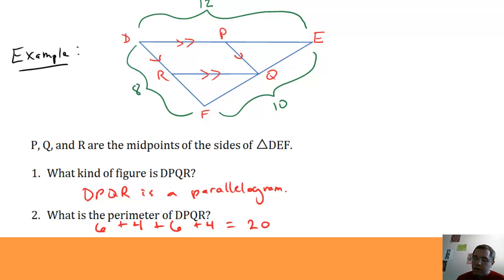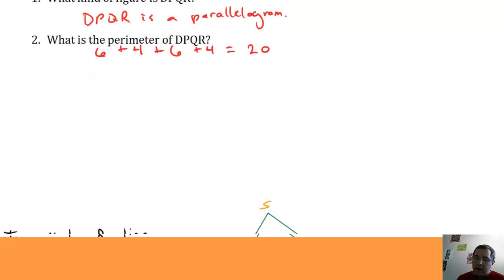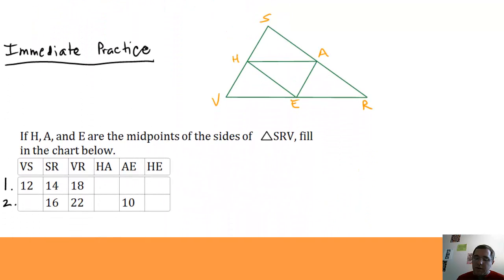You're going to follow a very similar process, and that last theorem I just proved, to complete your immediate practice problems. I've got that triangle, then I've drawn the midpoints of the triangle, H, A, and E, and I've drawn the segments that connect those midpoints. So if H, A, and E are the midpoints of the sides of triangle SRV, fill in the chart below. Each row of the table is a separate problem.